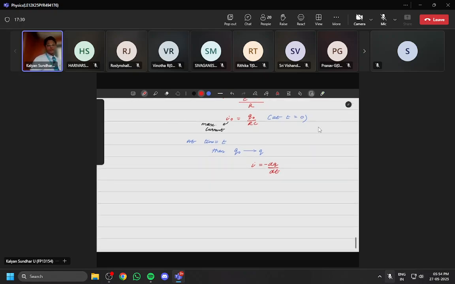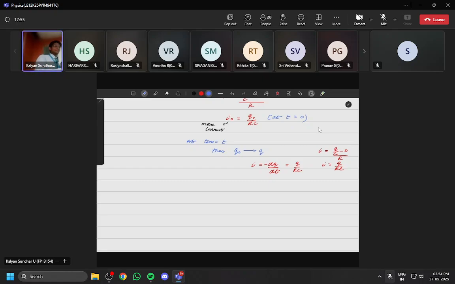So I will be equal to minus dq by dt, which is also equal to the charge present, correct? So I will be equal to q by c minus 0, divided by R. So I will be equal to q by RC, correct?